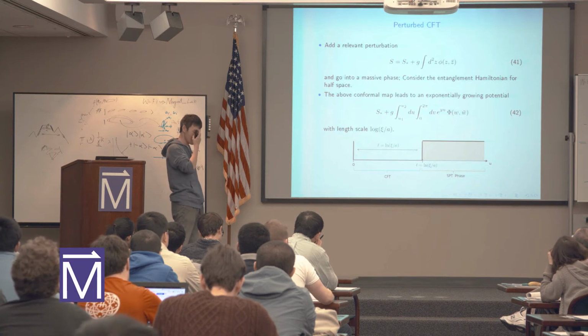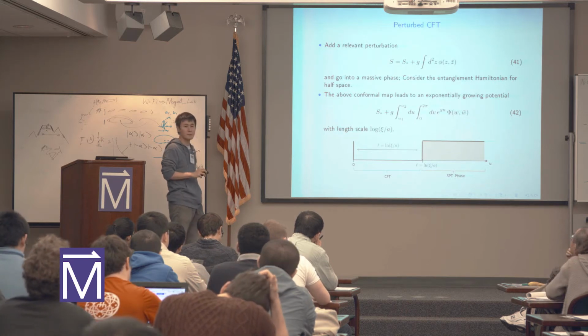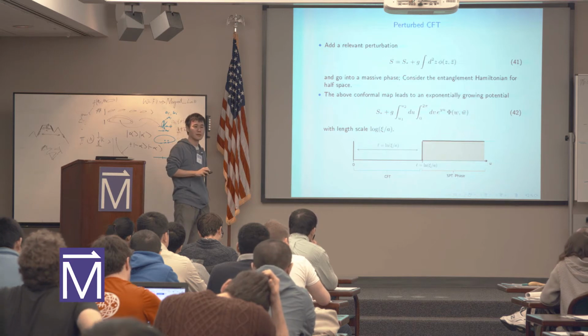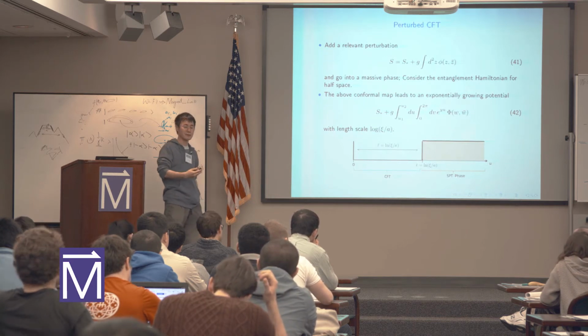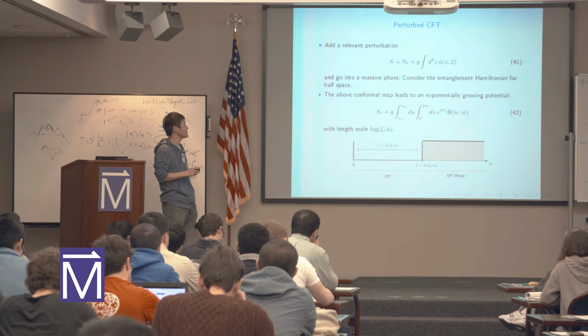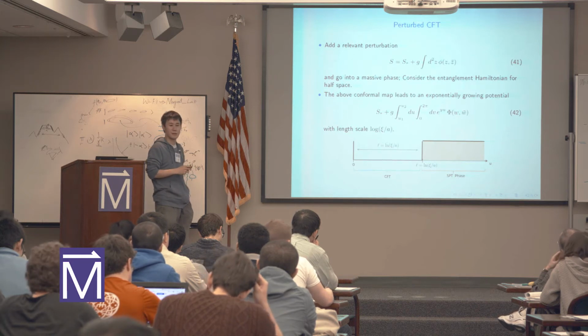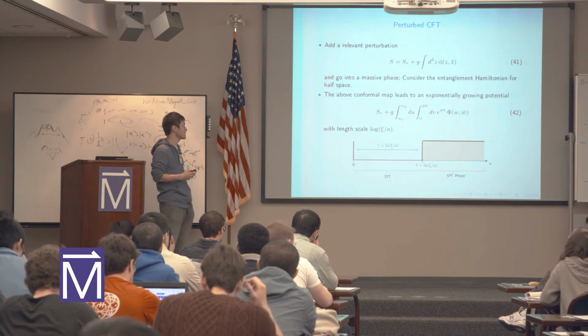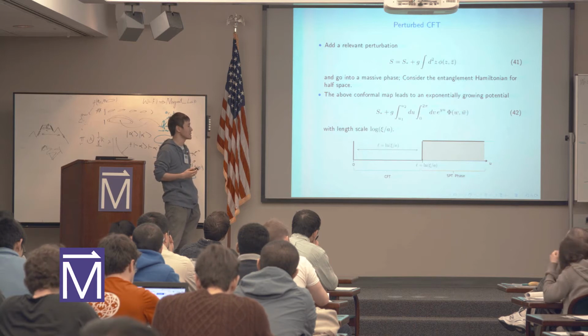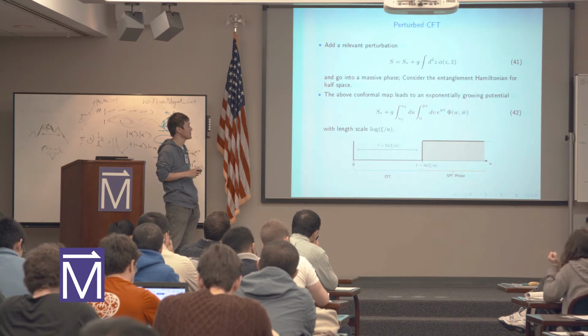The previous conformal maps, okay, so basically, we can still use them, except the system is not invariant anymore. Okay, so the system changes. It's not conformally invariant anymore because of this term.